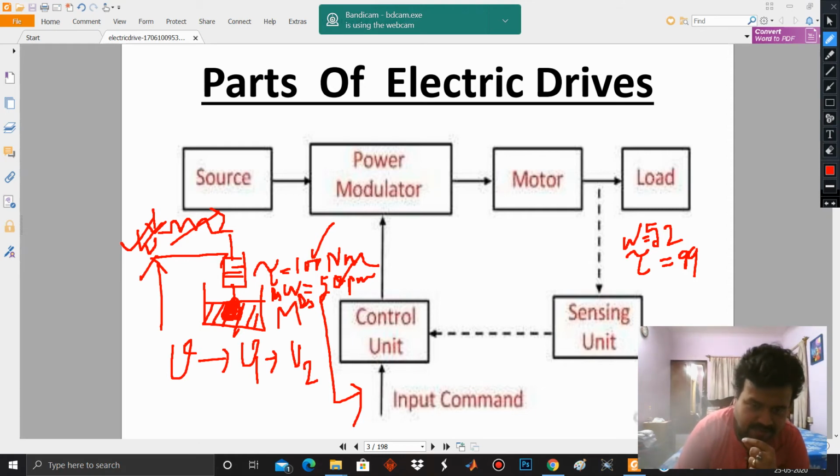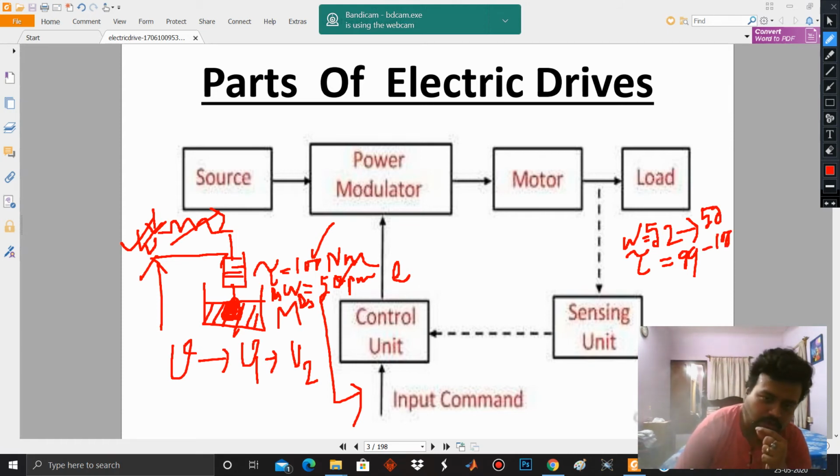The moment such a thing happens, this sensing unit will register these values to the control unit and there will be a difference between the input command and the sensing unit output, and there will be a difference signal which is known as the error signal that will be fed to the power modulator, and you will see that this particular thing is corrected to 50 and 100.